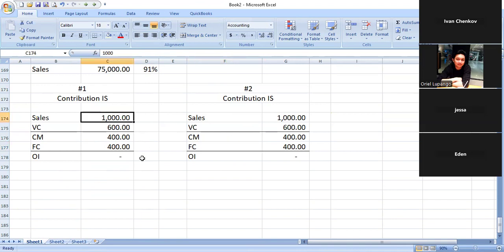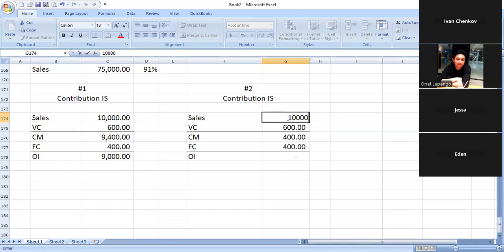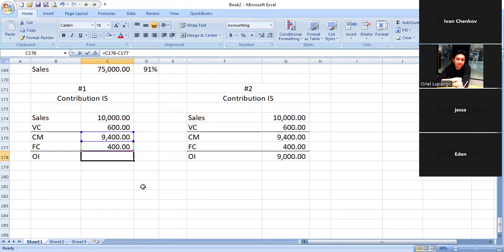What does that mean? Both companies start with $10,000 in sales. Both finish with operating income of, let's say, $1,000, or let's make it more dramatic, $500. Both end up with $500.